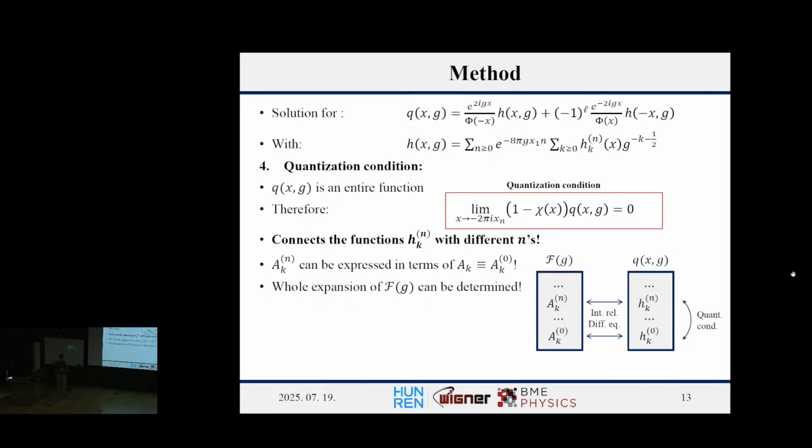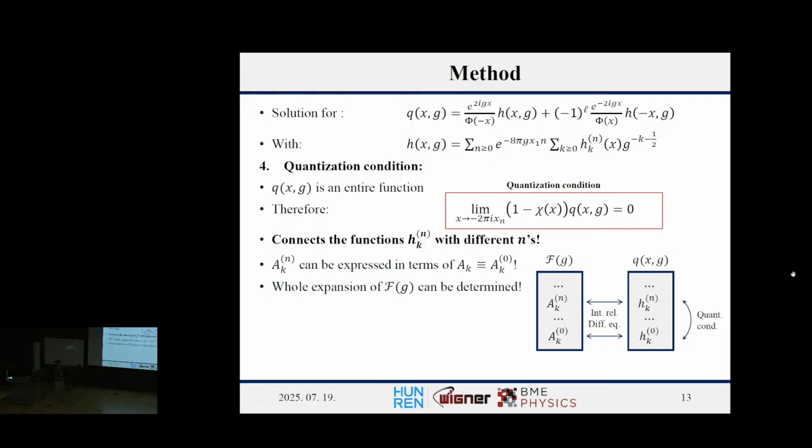And this is enough to put in these locations and express the non-perturbative coefficients very efficiently by the perturbative ones. So this is the method we used.